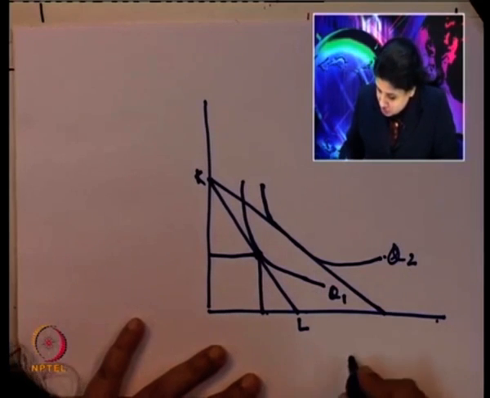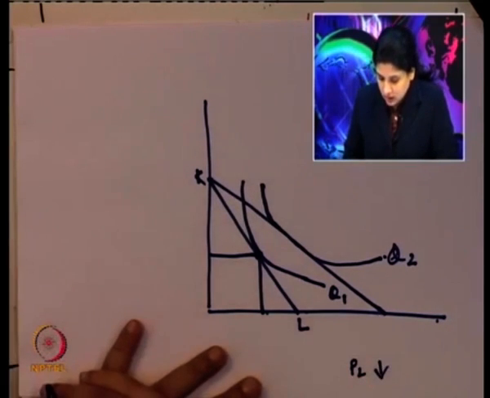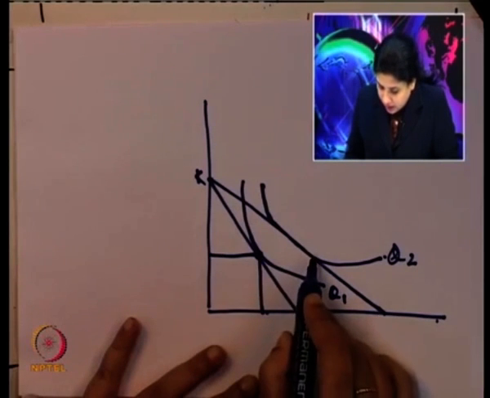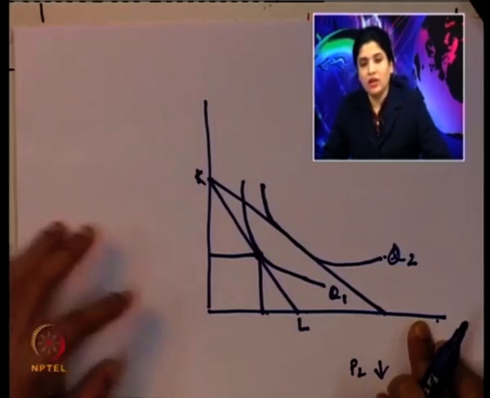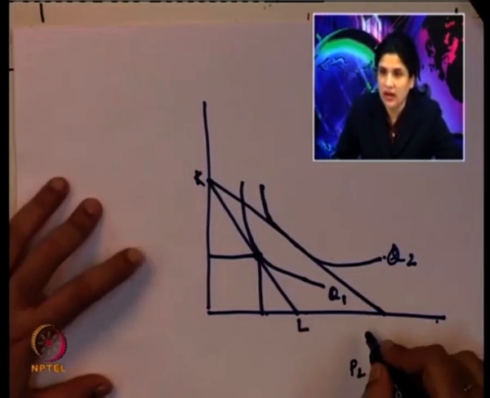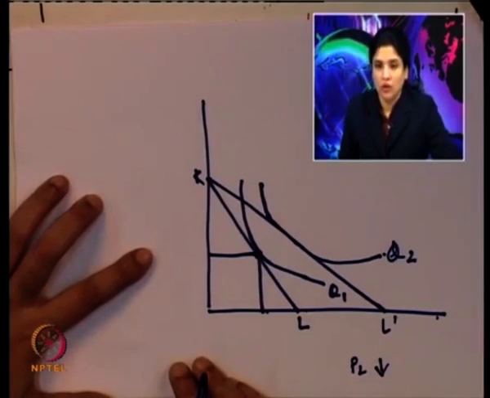Now, the price of the labor input decreases. With that, the isocost will change from KL to KL dash.